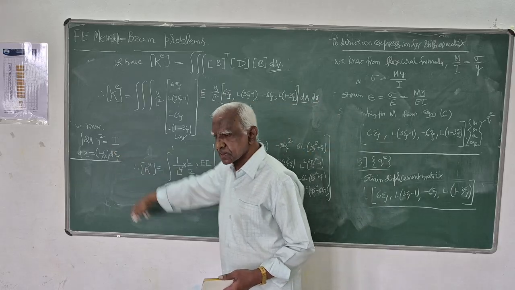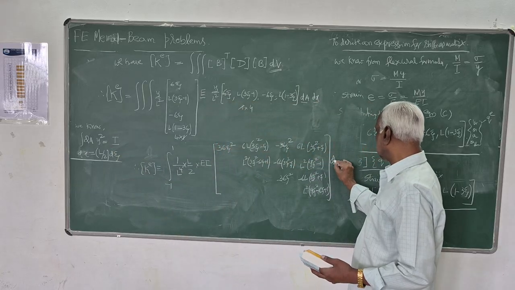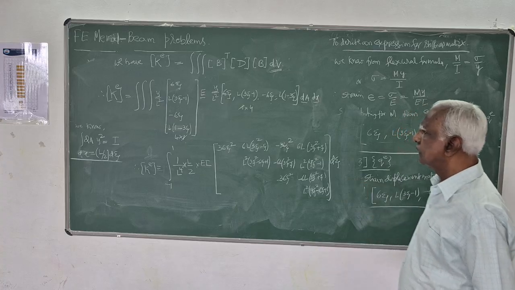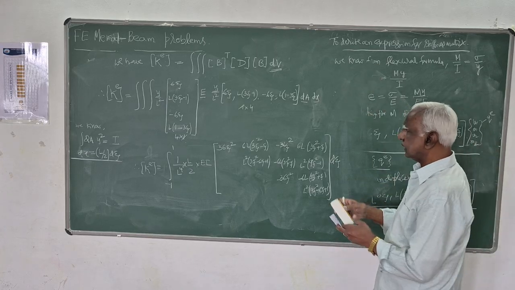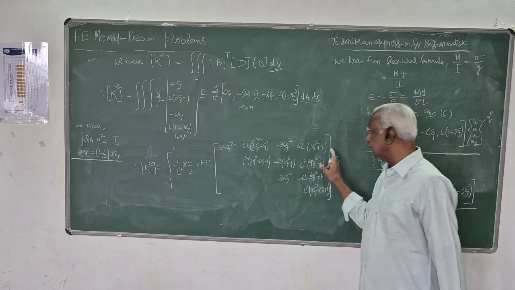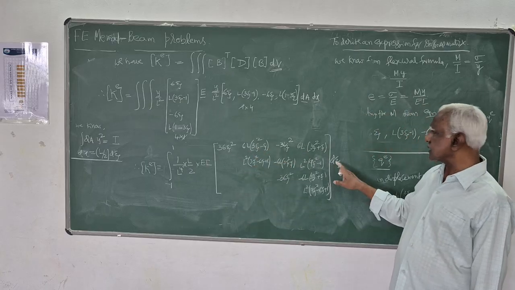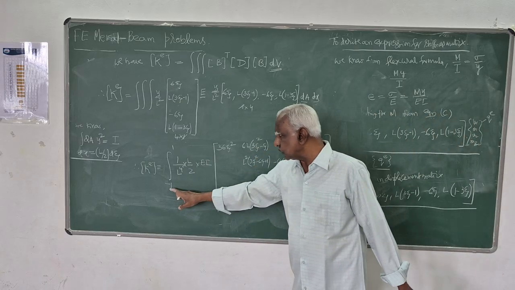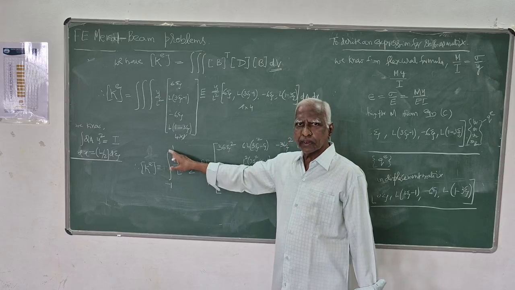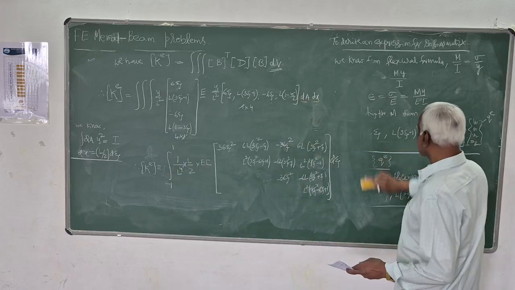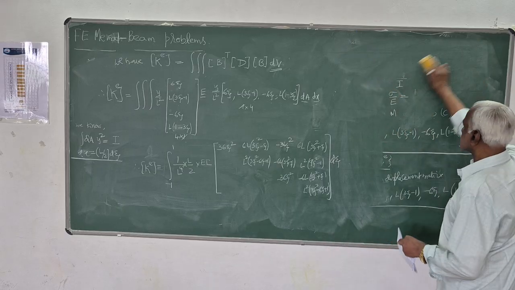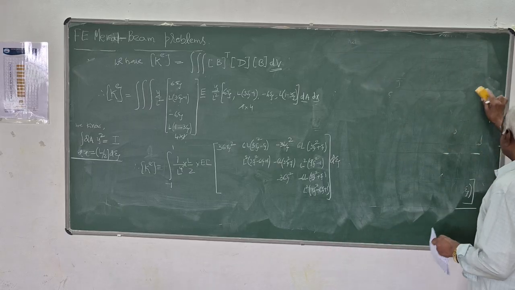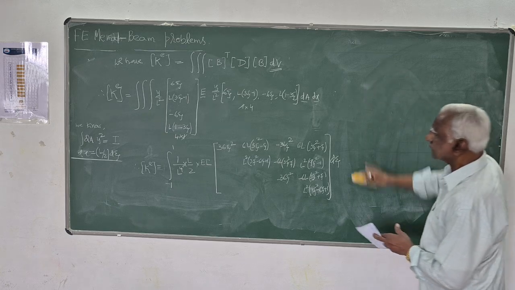If you use this, you will get h into dz. Finally, if you integrate this expression with respect to z and substitute the upper and lower limits, the final expression you will get is the stiffness matrix in this fashion. So I will write that.